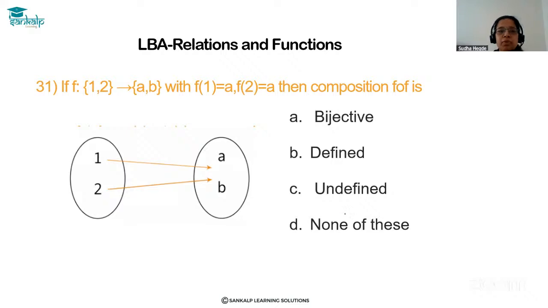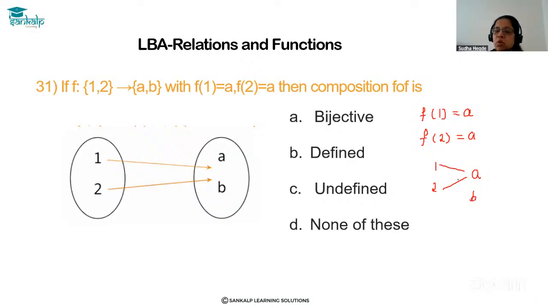F from {1, 2} to {a, b}, correct? It is defined as f of 1 is equal to a, f of 2 is equal to a. Both 1 and 2 are mapped to a only. B is not mapped.